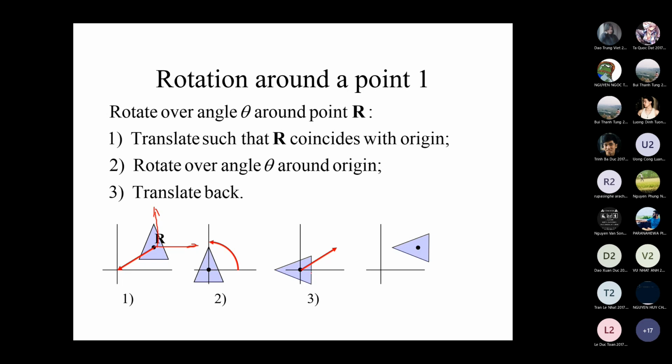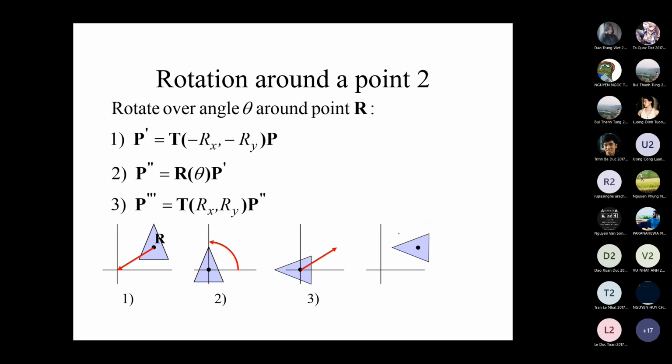And after that, we translate back to the temporary original point, and we get the result of the rotation around P R. So in the form of the calculations, the first step is the translation with the increments minus rx and minus ry.